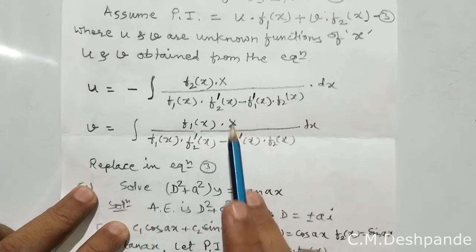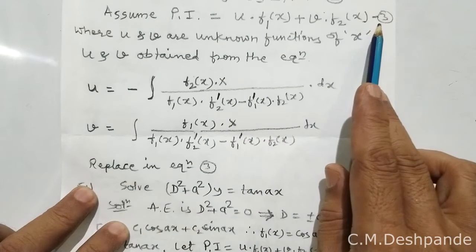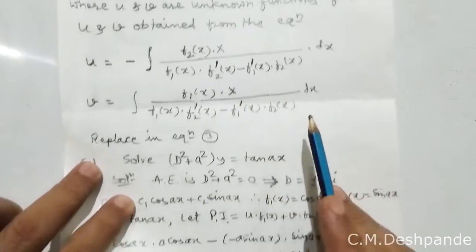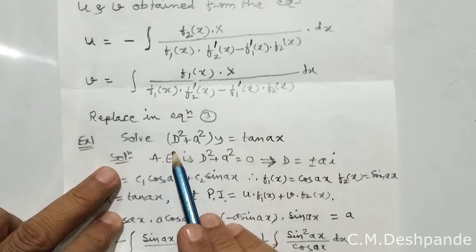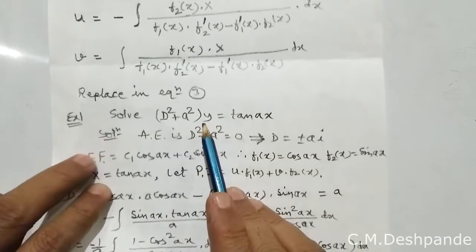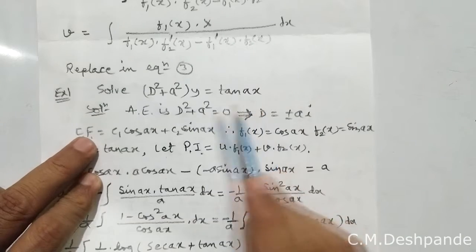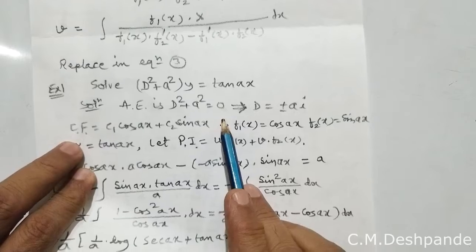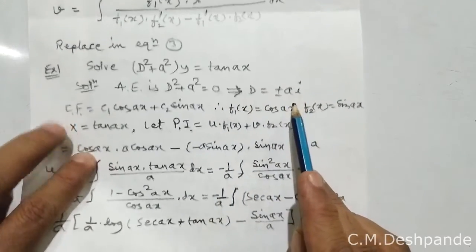Replace these two functions in equation number 3, and then it is called PI, and the solution is given by CF plus PI. Now take an example: solve the differential equation D square plus a square operating on y equal to tan of ax. The auxiliary equation is D square plus a square equal to 0, and gives values of D equal to plus or minus ai.